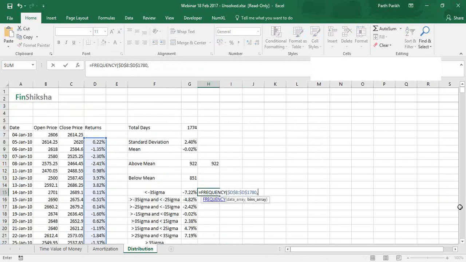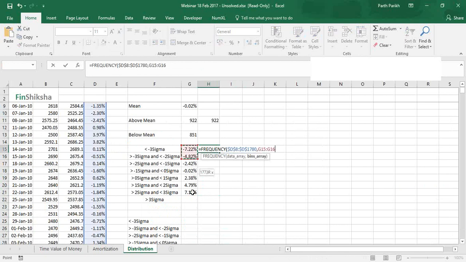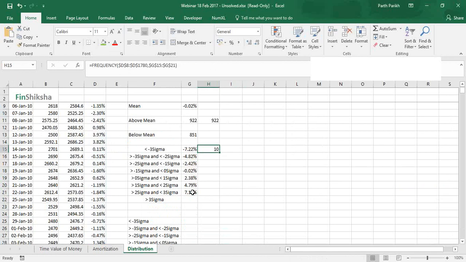My bins array is my plus or minus 3 standard deviation. I'll make this constant again and close the bracket. This doesn't solve the purpose. I'll select all the ranges, click on the formula, and press Ctrl Shift Enter. This will give me my distribution.